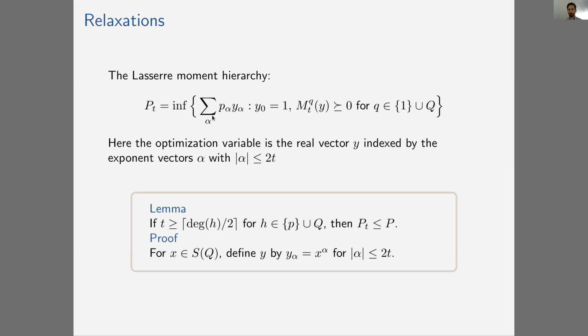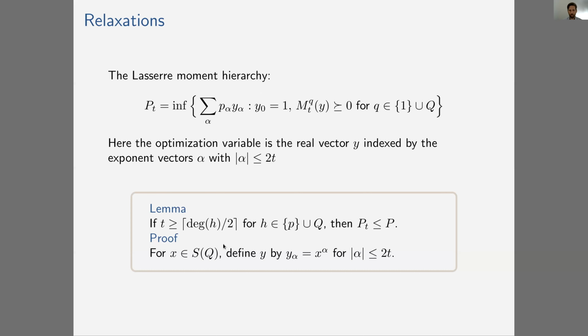For instance, if t isn't at least the degree of p divided by 2 rounded up, then the objective would no longer correspond to the integral of mu against p, right? So you need to take t large enough for things to actually make sense. And if you do that, then pt gives a lower bound on the optimal value of the polynomial optimization problem.